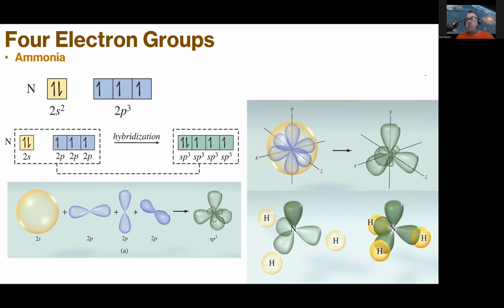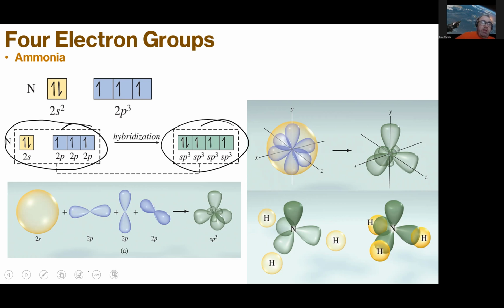Okay, which means if we're looking at ammonia, it is the same situation. That is tetrahedral electronic geometry, even though it's trigonal pyramidal shape. Okay, it's doing the same steps. Well, kind of not, it doesn't have to do the promotion step, but we're mixing together the S and the P. We're getting four sp3 orbitals. One of them is already full.